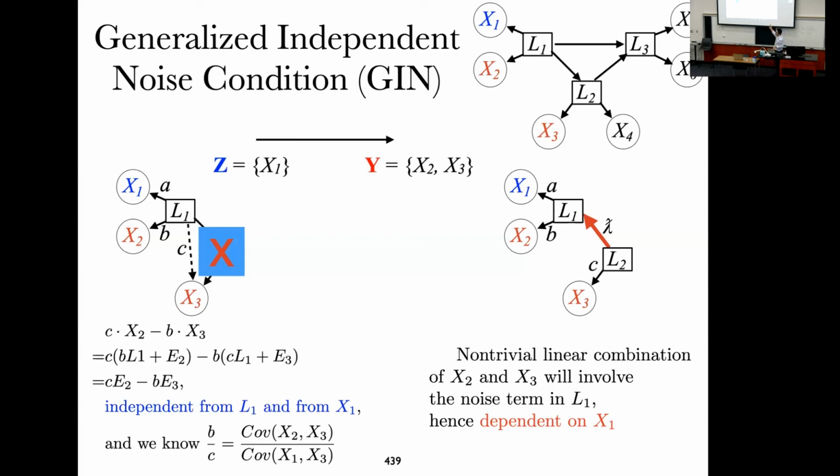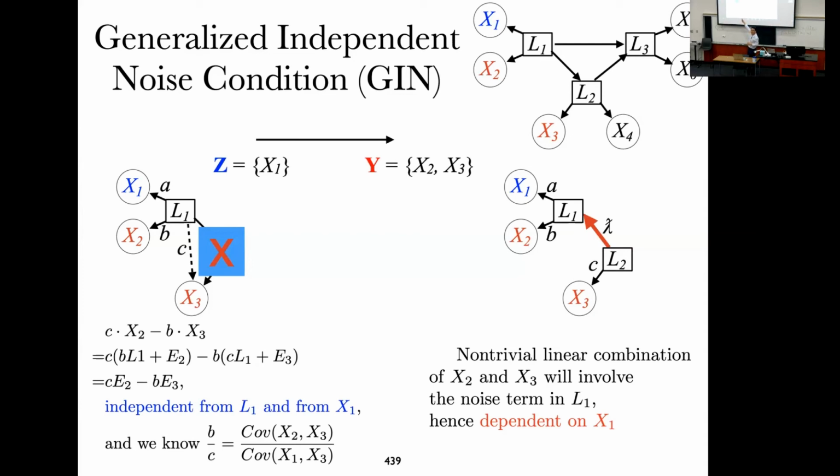And furthermore, graphically speaking, you can see the difference. In this case, there exists a common cause, or set of common causes, of x2 and x3, the red variables, which can separate or de-separate x1 from them.